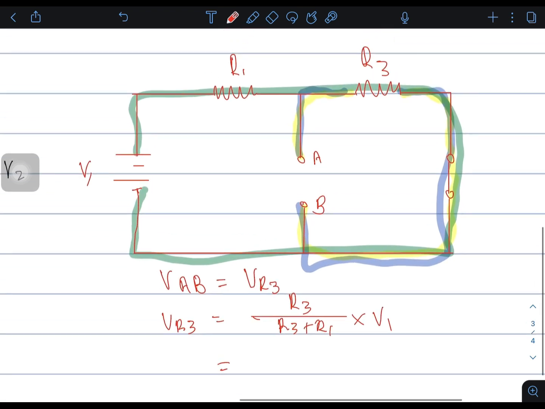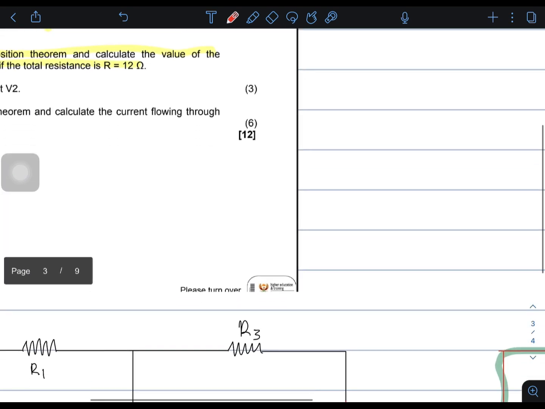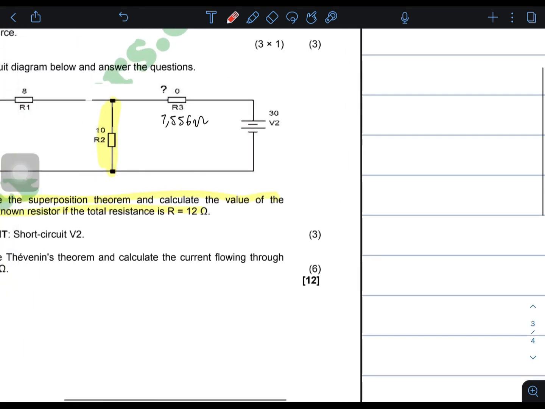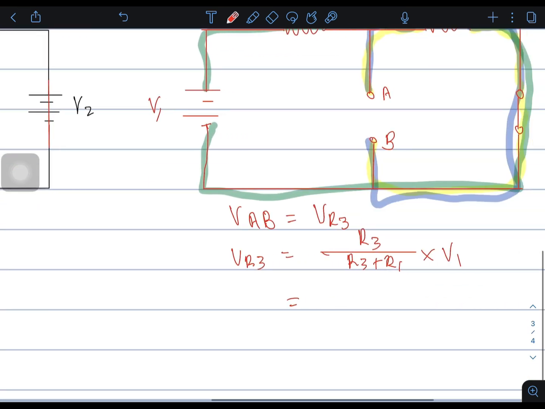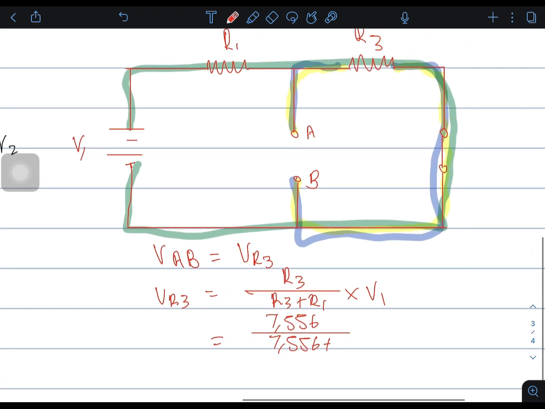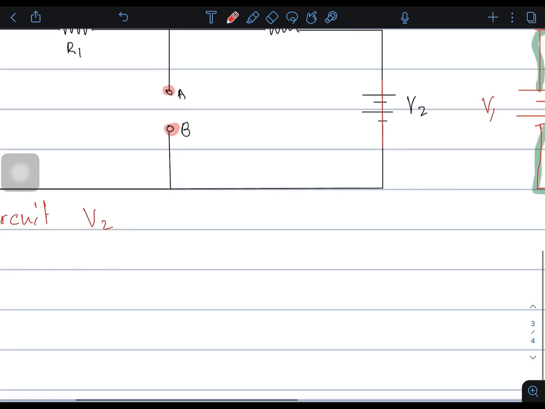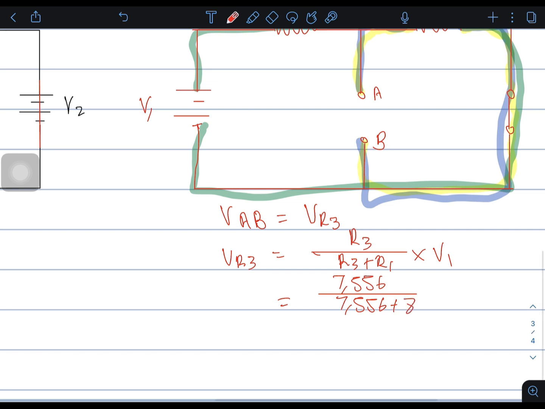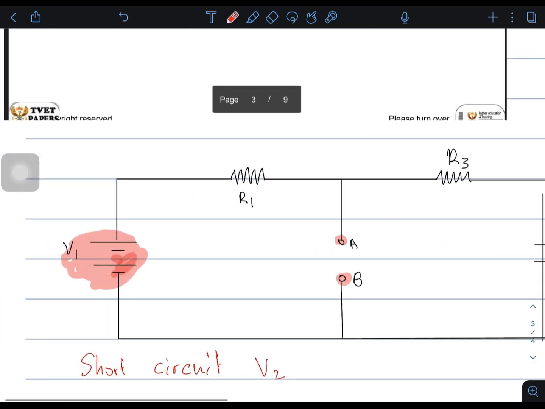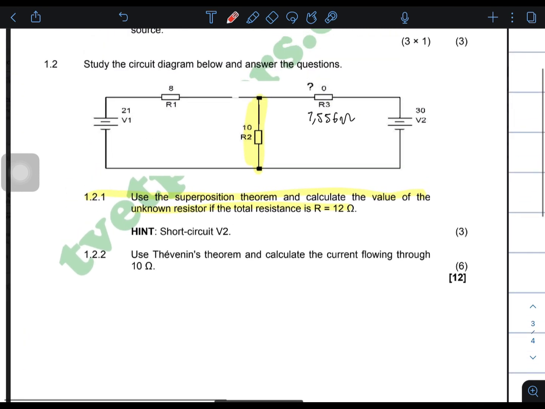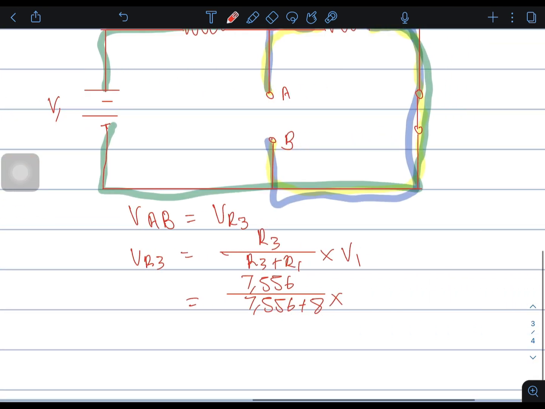R3 is 7,556, plus R1 which is 8 ohms, times V1 which is 21 volts.